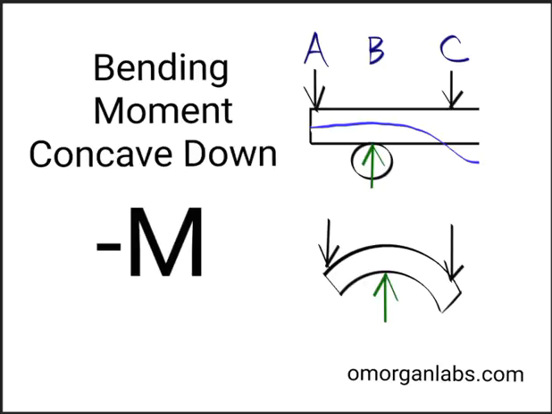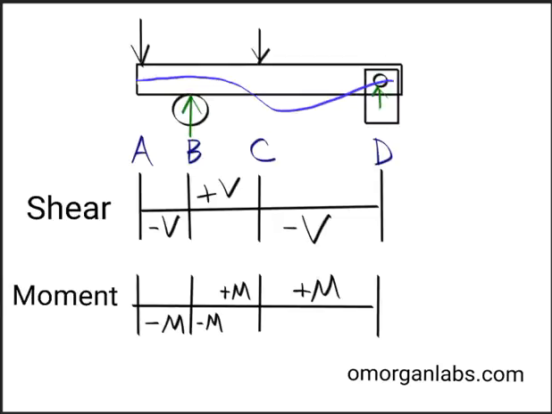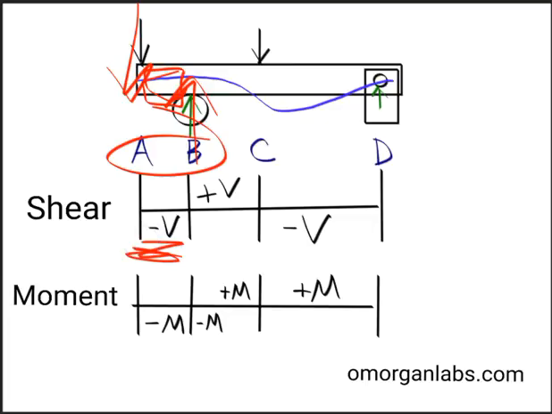So to put everything together, between A and B, you think about the little piece, force going up and down in a counterclockwise fashion is a negative shear.